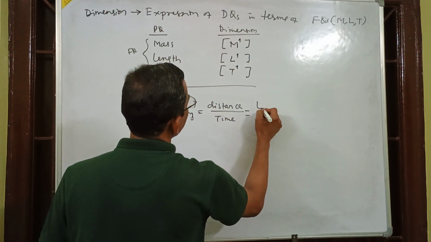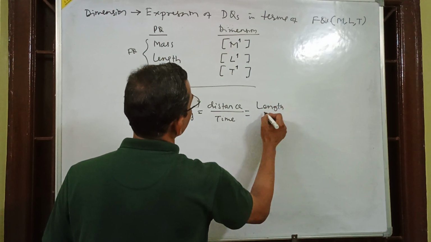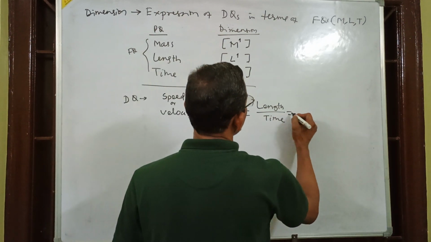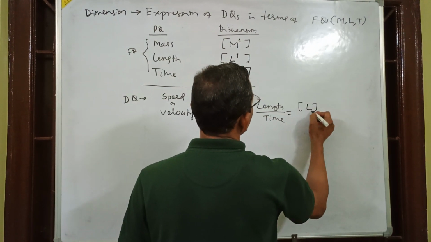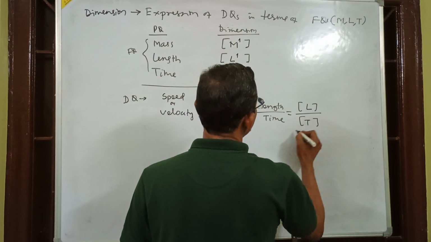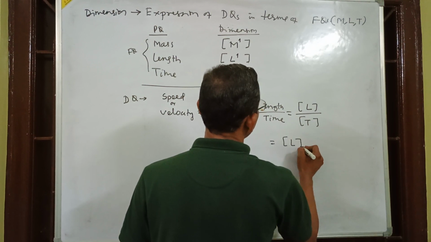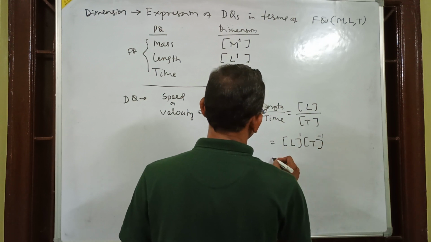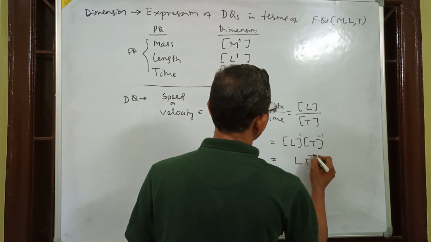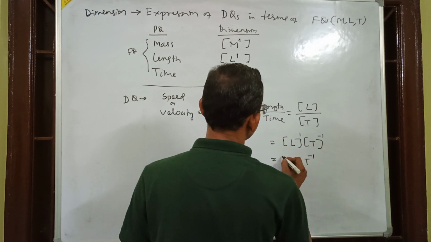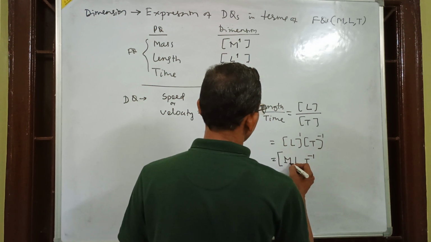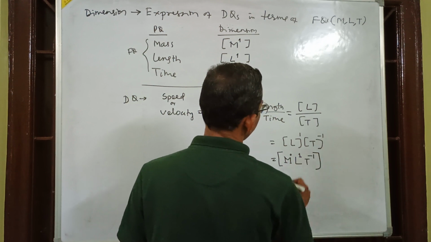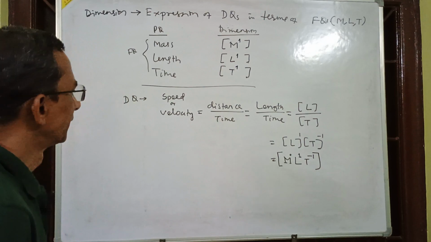Distance is represented by length, so the dimension is L, time dimension is T, then it becomes L to the power 1, T to the power minus 1, and we can say L T minus 1. Here M is not available, so we can say M to the power 0, L to the power 1, and T to the power minus 1.